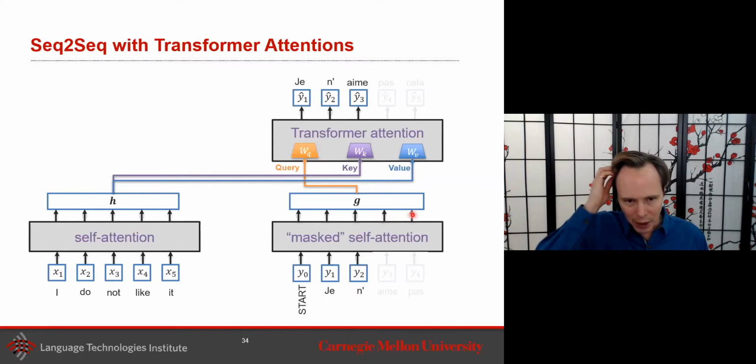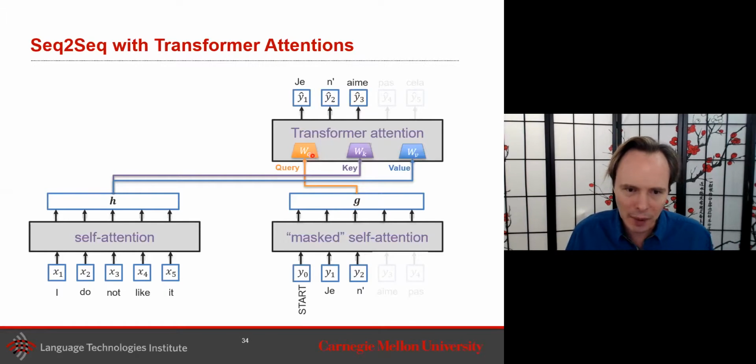Query is what you want to encode, and then the key and value are your context. So I give you the intuition: query is what you encode, and the key and value are your context.